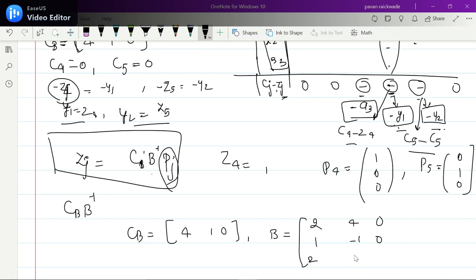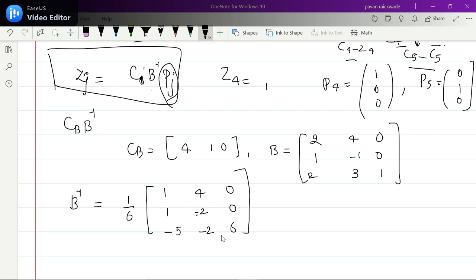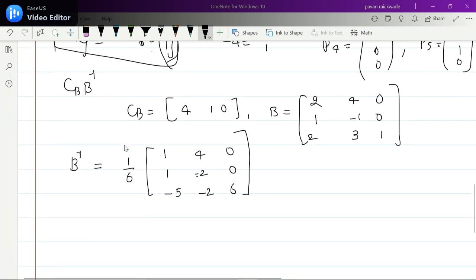Now we have to find B inverse, and without taking much time, I hope you know how to find matrix inverses. I write it here straight away. B inverse will be 1 by 6 times 1 4 0; 1 minus 2 0; minus 5 2 6.